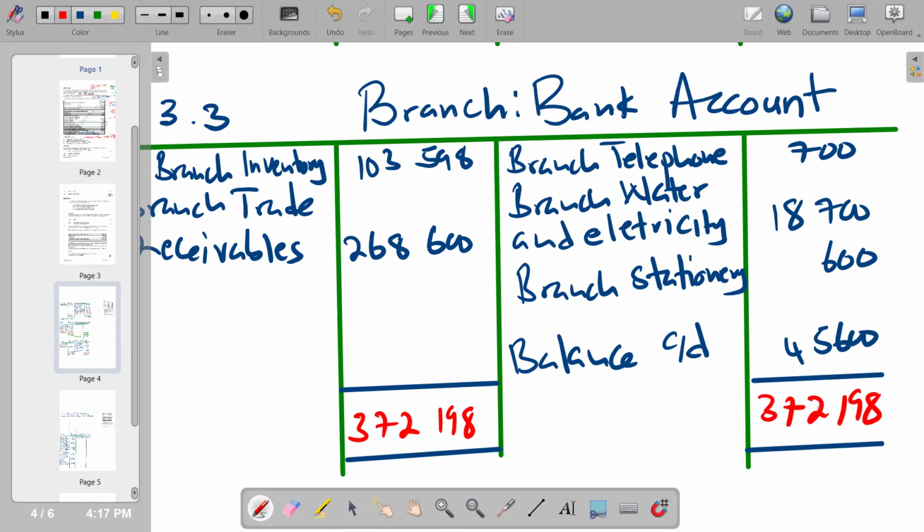So when you say 372,198 minus all what we have on the credit side, you're going to get a balancing figure of 306,598. Remember, we had left a space here to put a balancing figure, and this is transferred to the head office.